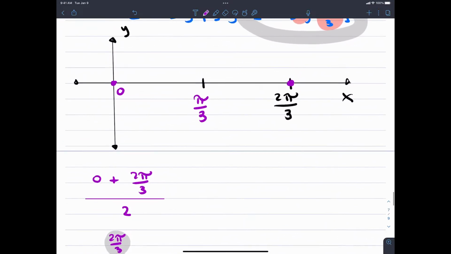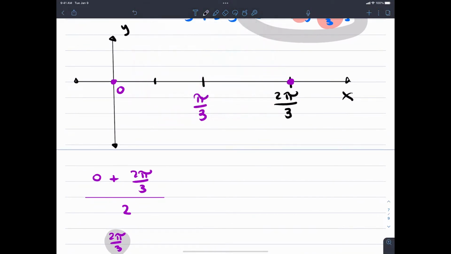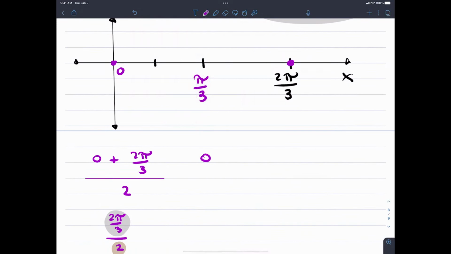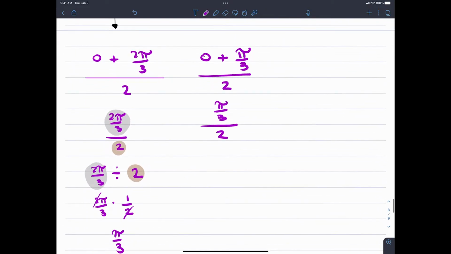Okay, so now what's the next step again, if you guys remember? What do you do here? We need the midpoint here. So you say, well, what's that midpoint? Well, 0 plus pi over 3 divided by 2. And this becomes pi over 3 divided by 2, which is pi over 3 times 1/2.